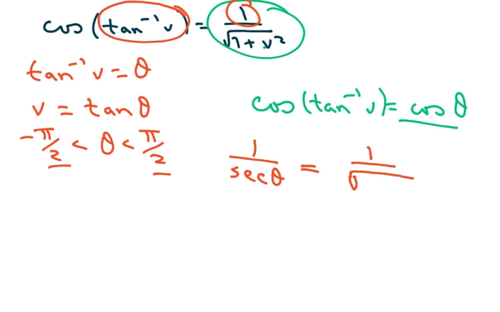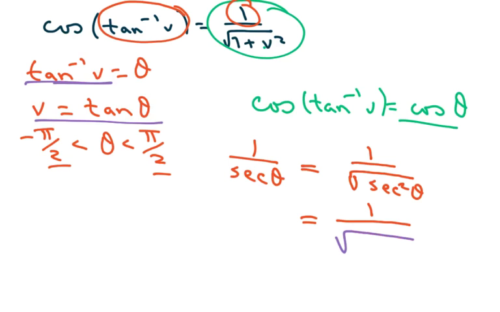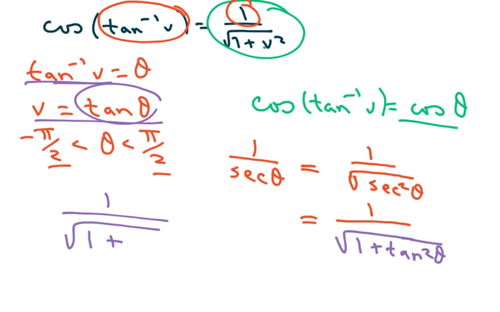I can write the secant as the square root of secant squared of theta, because these two match. I'm trying to deal with tan here, because that's the information I have. So secant squared is 1 plus tan squared. So now we have 1 over the square root of 1 plus, and tan equals v, so that would be v squared.